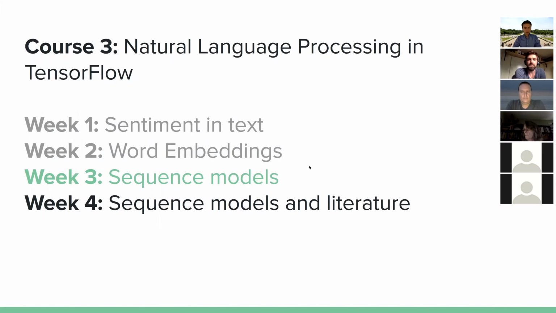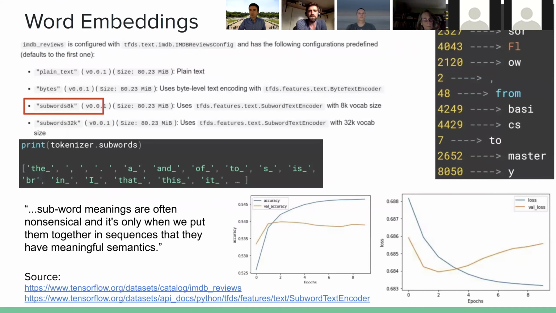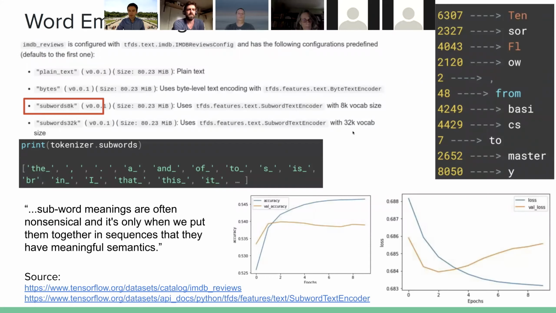Cool. So today we're going to talk about sequence models, and as a motivation, if you remember from last time, we were considering the challenge of classifying movie reviews, and we were looking at the subword tokenization of IMDB. The challenge there was that each word wasn't a token, but actually parts of a word were tokens.